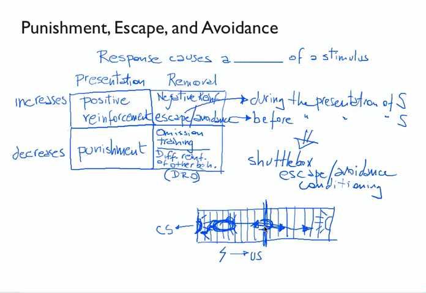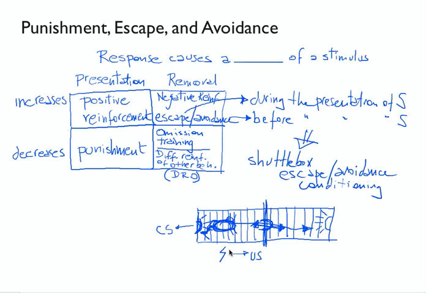Now this is really interesting, because if this is simply Pavlovian conditioning, recall that Pavlovian conditioning happens because of the association between CS and US. Well, if the animal is avoiding the US, then this is really, in Pavlovian terms, extinction. The CS is being presented without the US, yet the behavior of the animal is maintained.